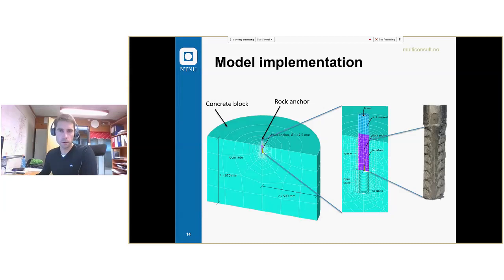So this is a picture from one of the anchors that we tested, a short section of anchor. We tested both short and relatively longer anchors. These short anchors are used to define the ultimate bond and SR1 values.